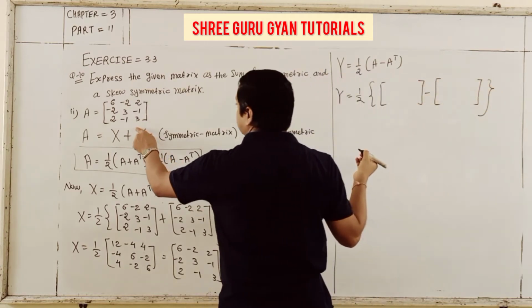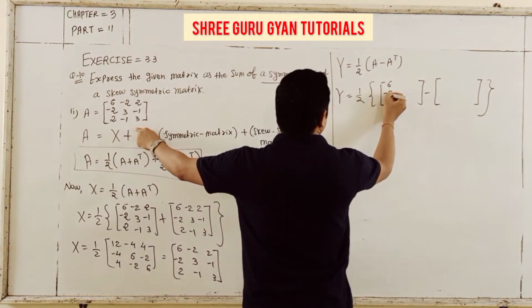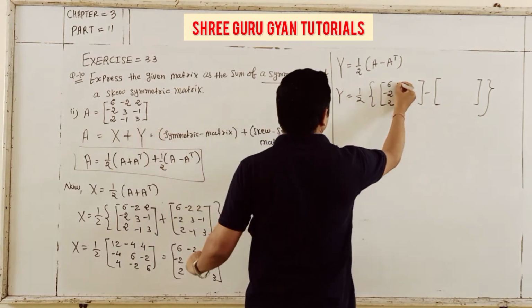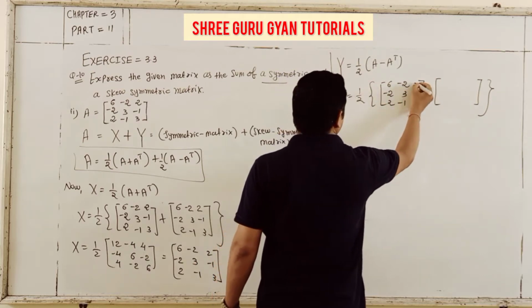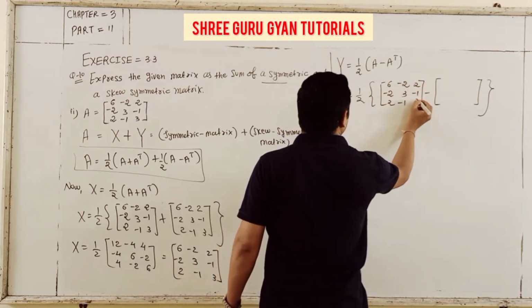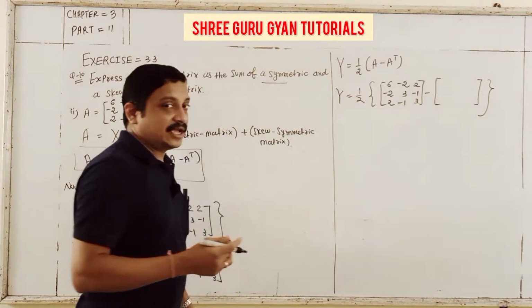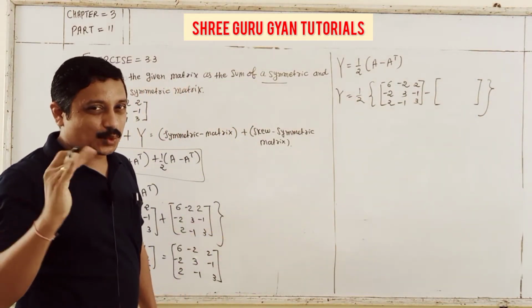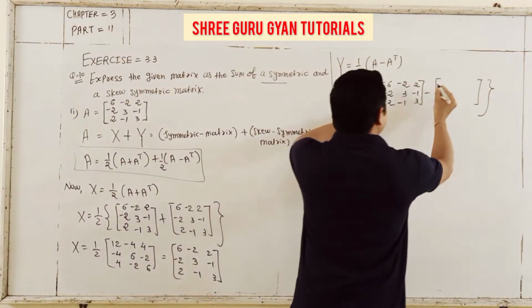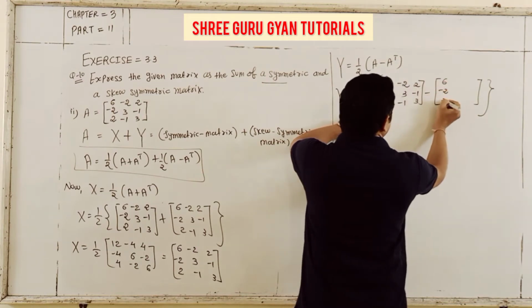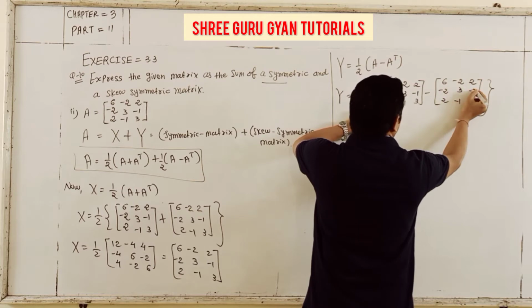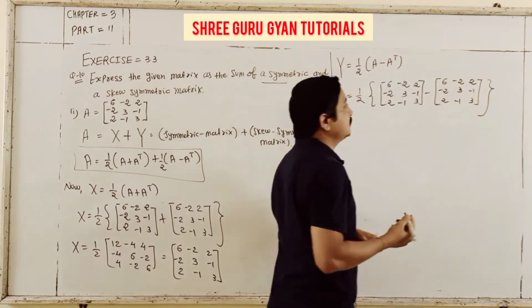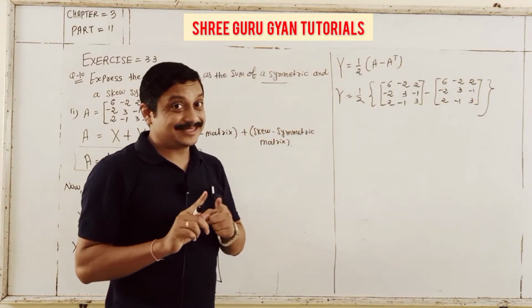A is 6, minus 2, 2, minus 2, 3, minus 1, and 2, minus 1, 3, and you just write down row to column elements, translated in the transpose way, 6, minus 2, 2, minus 2, 3, minus 1, and 2, minus 1, 3, and both subtracted.